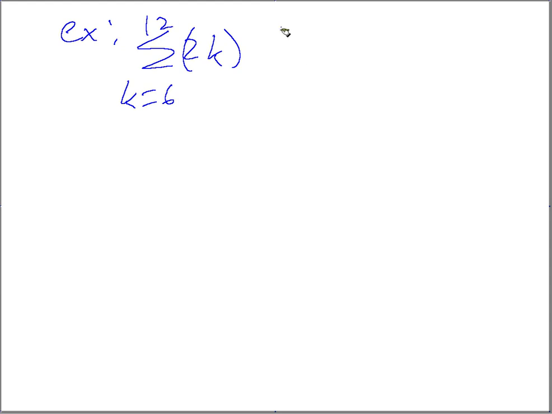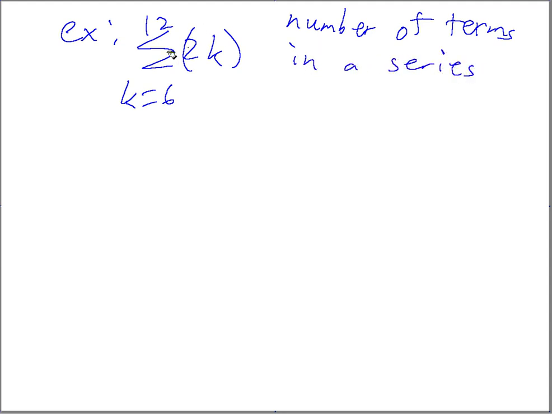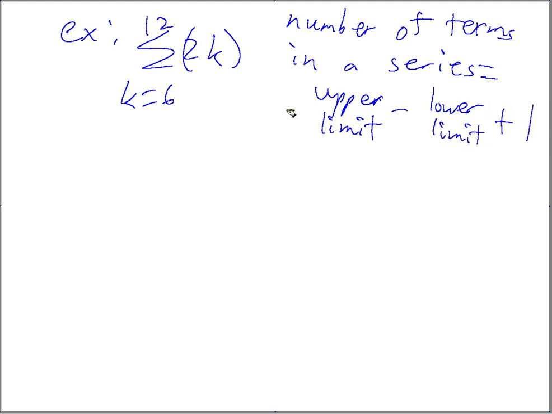Well, again, the number of terms in a series, meaning the sigma notation, is equal to the upper limit, in this case the 12, minus the lower limit, in this case the 6, plus 1. Alright? So how many terms do we have here? 12 minus 6 plus 1, or 7 terms, 7 numbers to add up in this series.